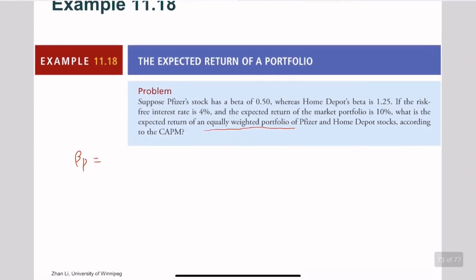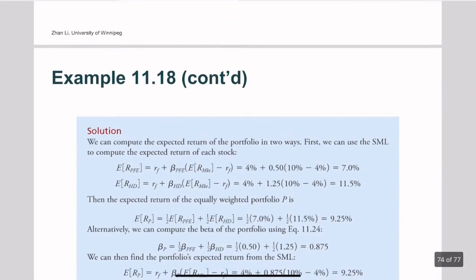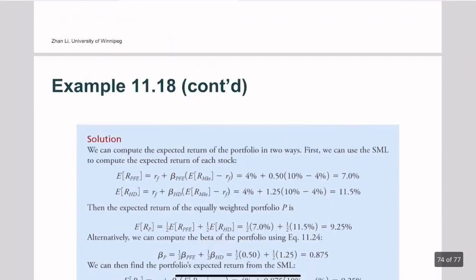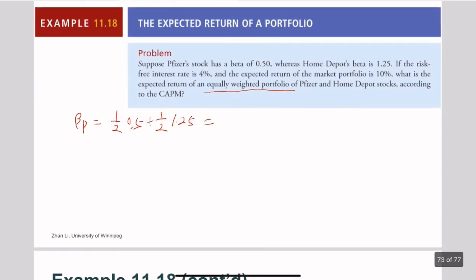It's equally weighted, so it's 1/2 times Pfizer's beta plus 1/2 times Home Depot's beta. This gives us 0.875. And now we can use the CAPM to calculate the expected return of the portfolio.